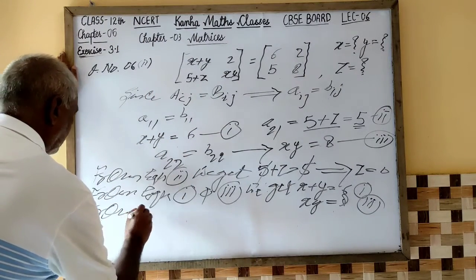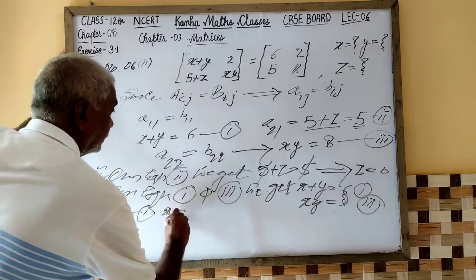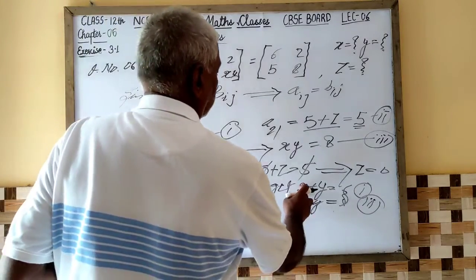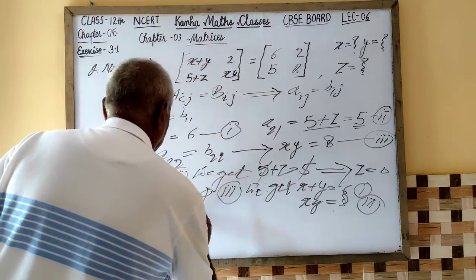From the first, x is equal to 6 minus y.